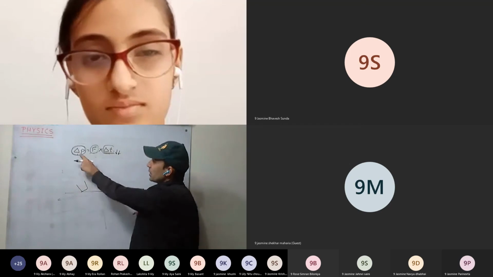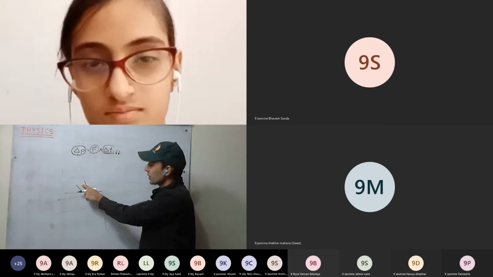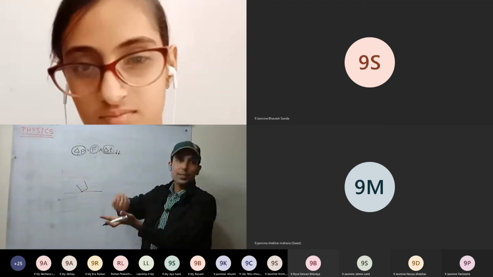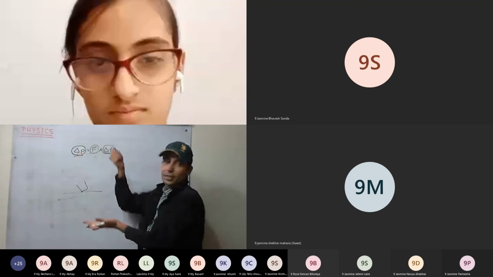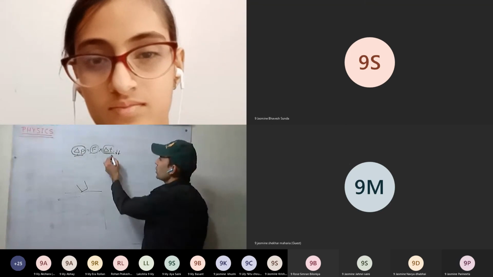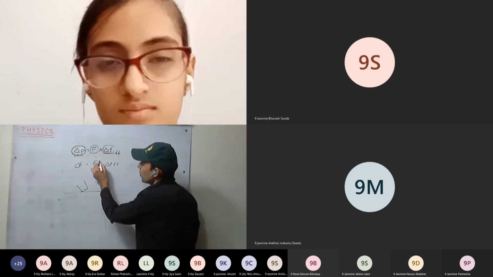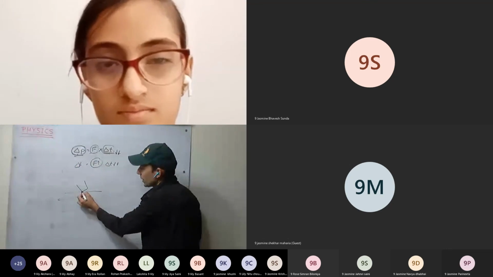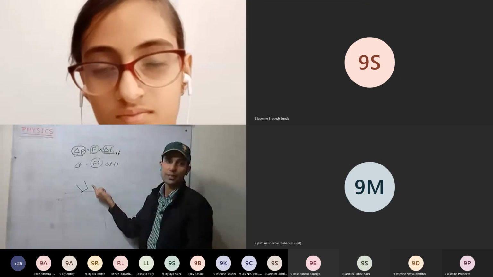The momentum, the speed of the glass, has to come to zero. Immediately it has to come to rest. That is, the change in momentum is taking place in a very small duration, so the time duration is very small. So it means the force impact will be very large, and that's why the glass breaks.